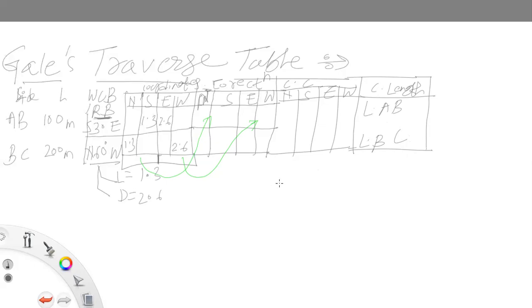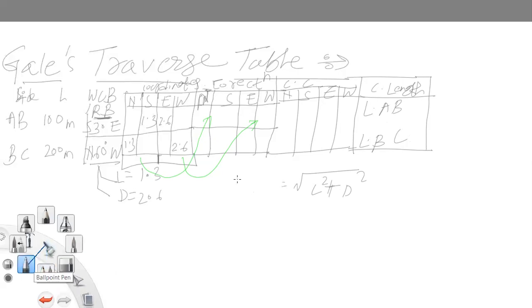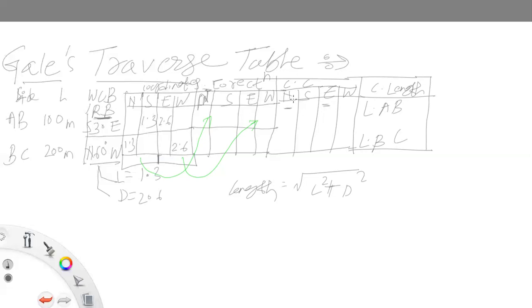Now, from which formula can you find it? Your length is equal to the square root of L squared plus D squared. If the north value is there and the east value is there, then you take the north value as latitude and east value as departure.